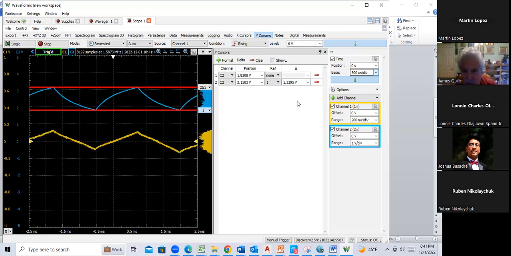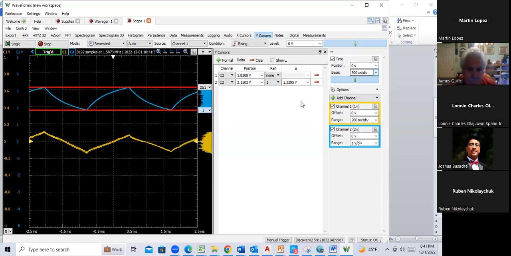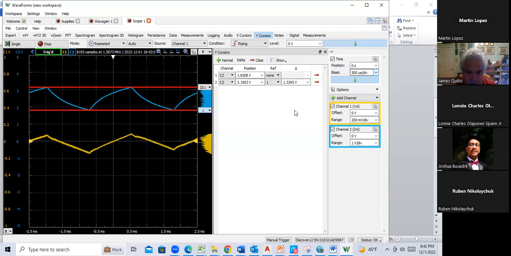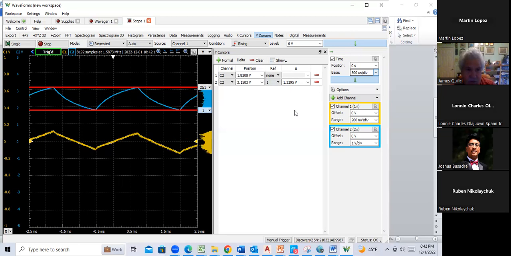Any questions, or are you guys confident you can go ahead and build this? Okay, we're almost done. If there are no questions, I'll end this and you can go off and try to build.